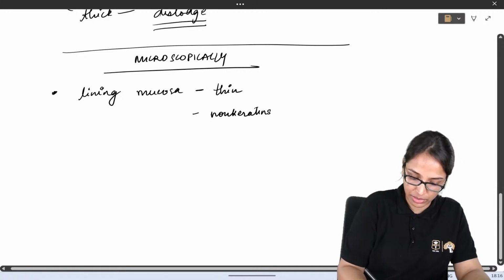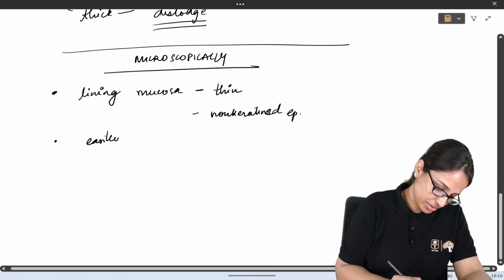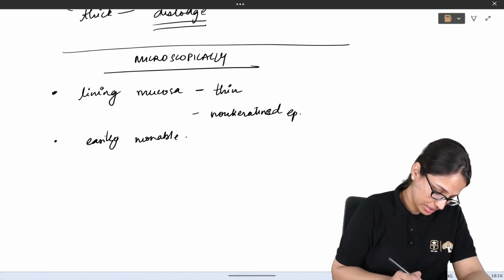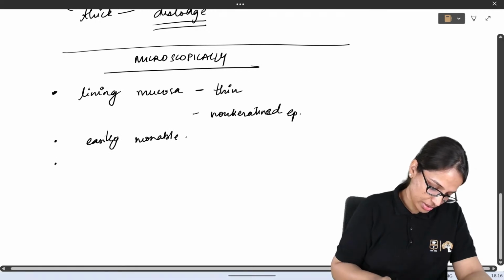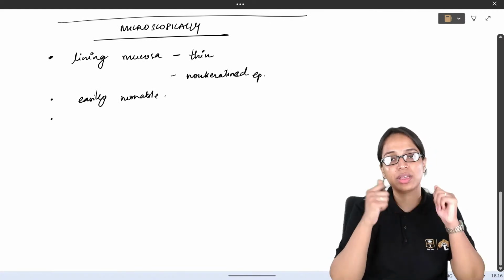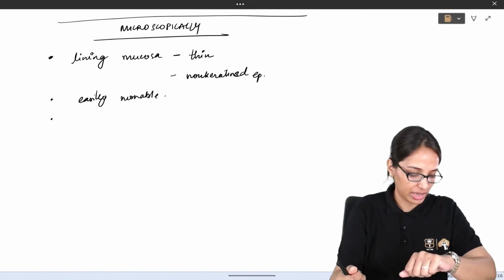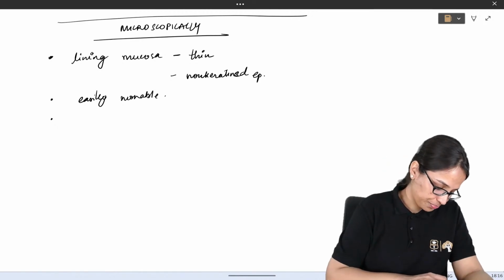And it is easily movable also. So you need to have a good idea of the length, form, and movement present in the mucosa to make an effective denture.